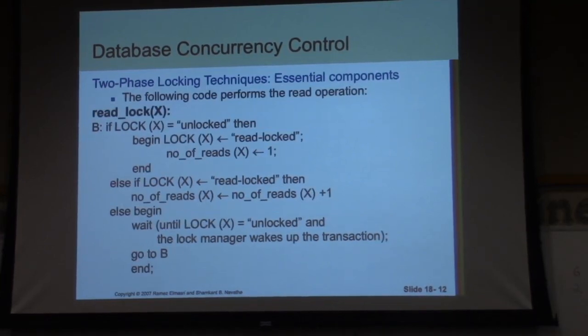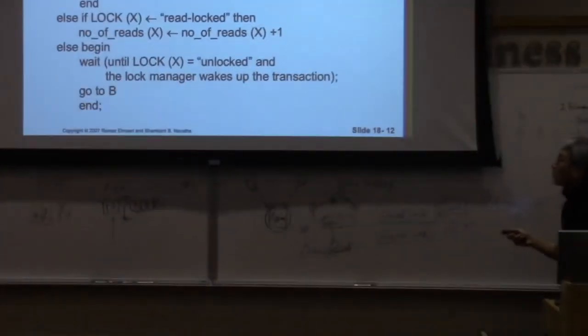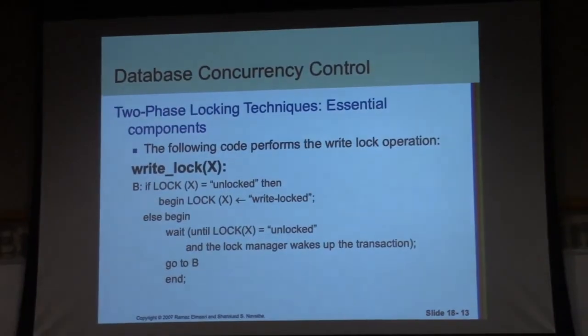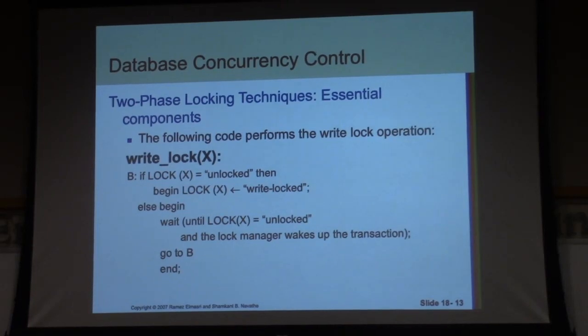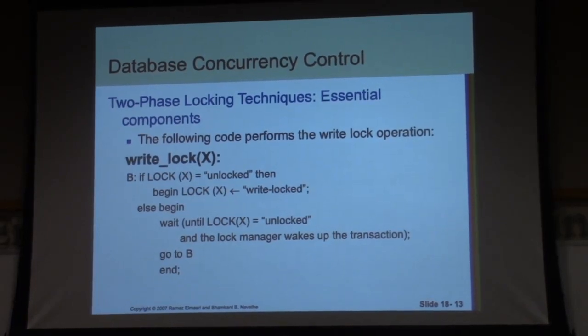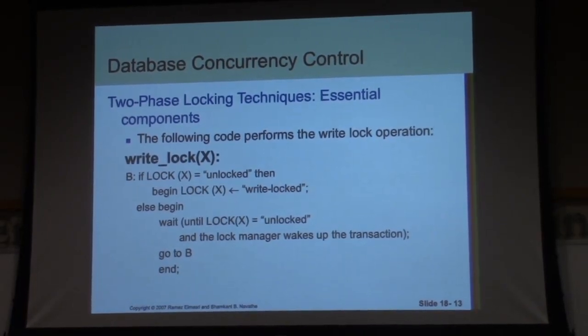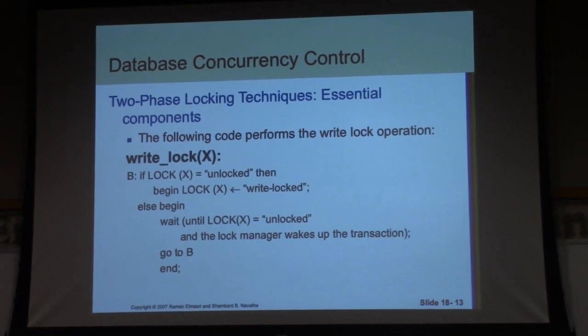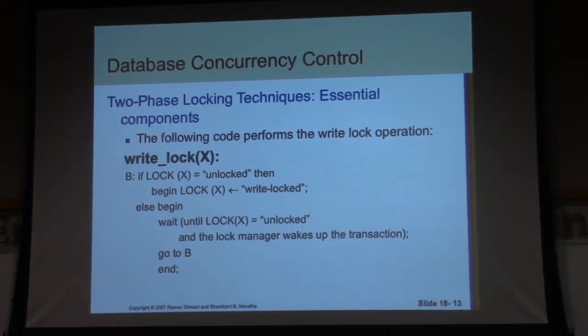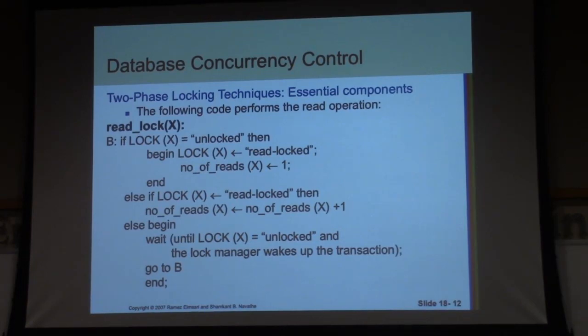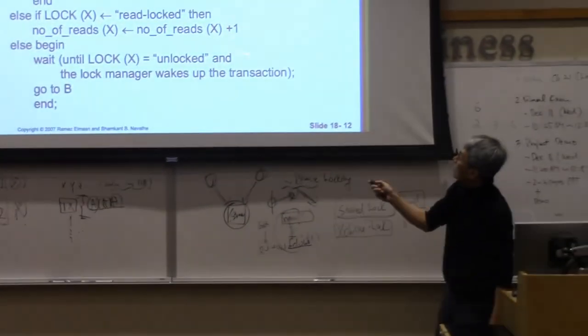There are different types of locks. Read lock, you should manage first, and the write lock. Write lock is simple, either locked or unlocked. If unlocked, you can take it. If locked, you have to wait. Then on unlock, you can release it, update the lock manager, and then somebody else can use it. However, for the read lock, you need to increase the number of shared locks by 1.